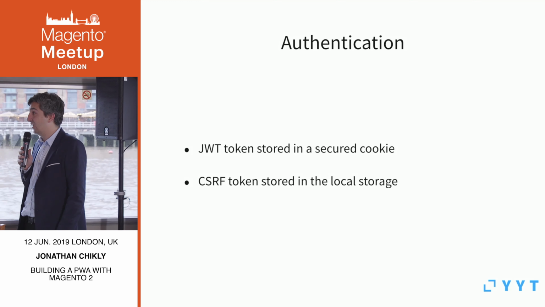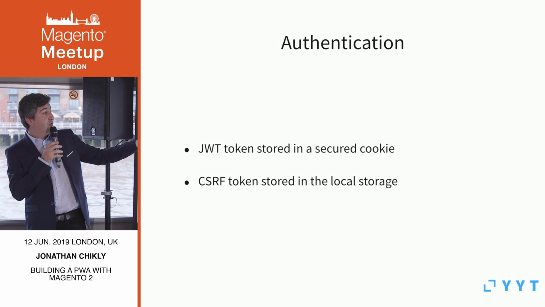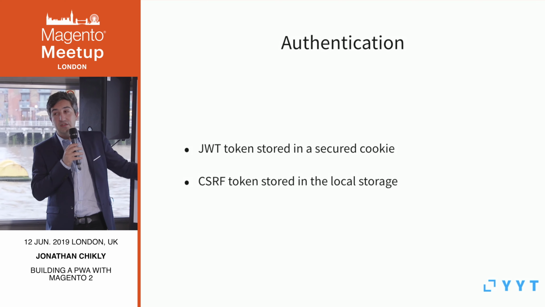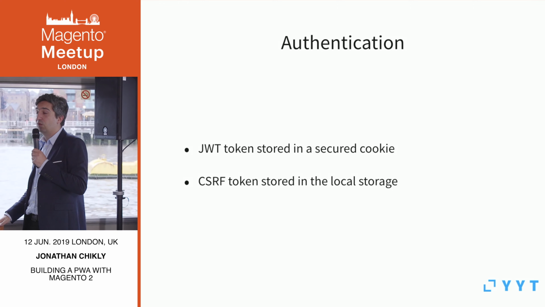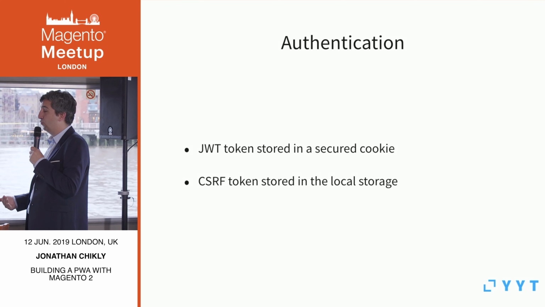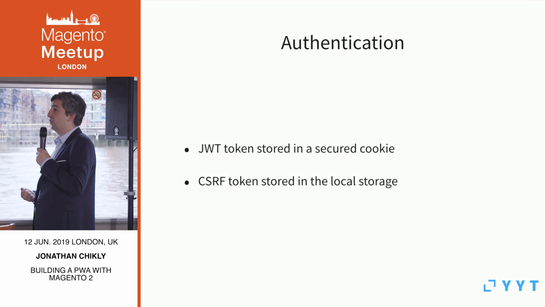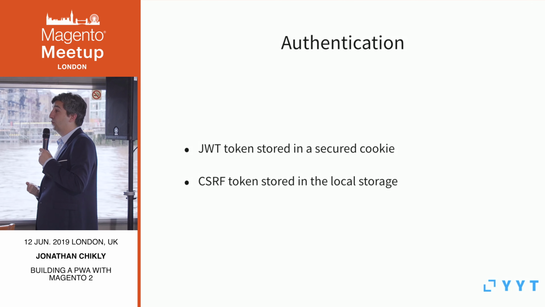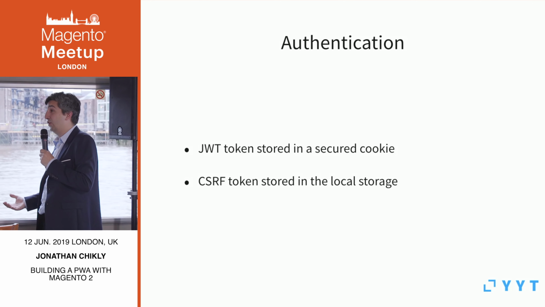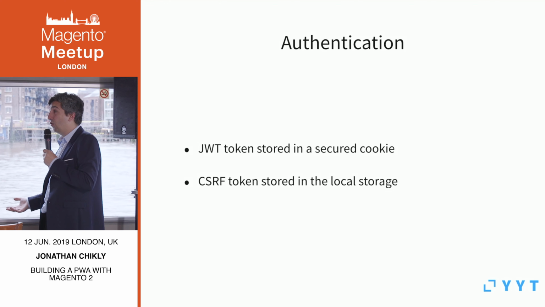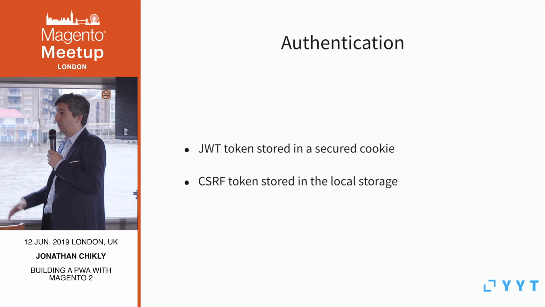This was quite an interesting element that we had to deal with: communicating with those Lambda functions. We had to use a JWT token in conjunction with a CSRF token. So basically, when a request is sent to the Lambda function, the Lambda function returns a CSRF token and a JWT token that stores information about the user, whether the user is logged in or a guest, and information about the basket.